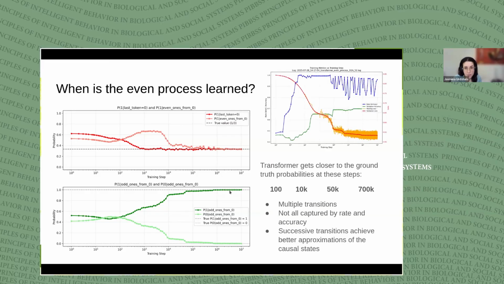So some observations here, and I'm showing again the other training metrics for comparison. Again, here we can recognize that multiple transitions occur, and as these transitions occur, the transformer predictions come closer and closer to the ground truth probabilities, and this occurs at different steps.